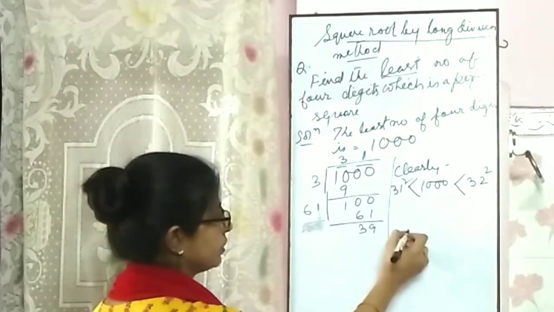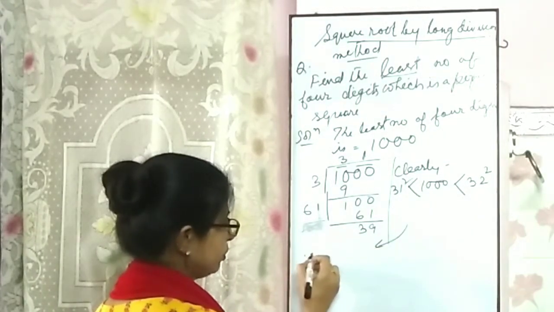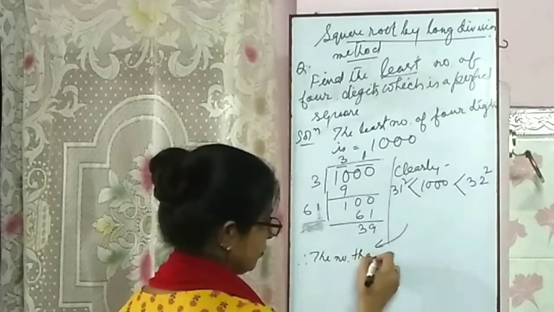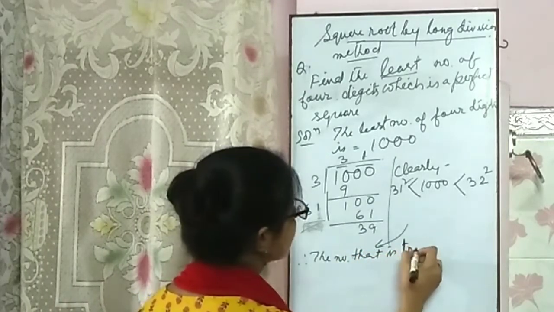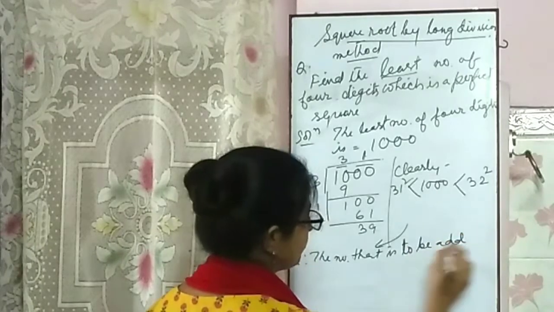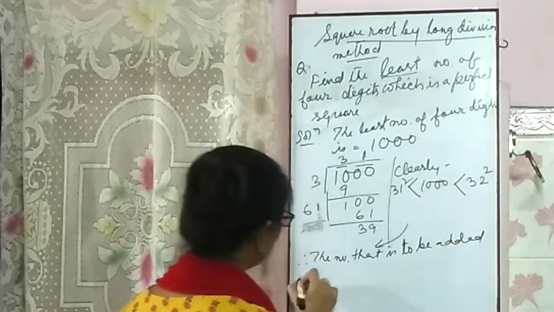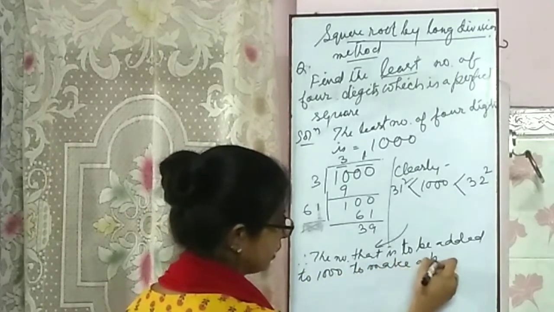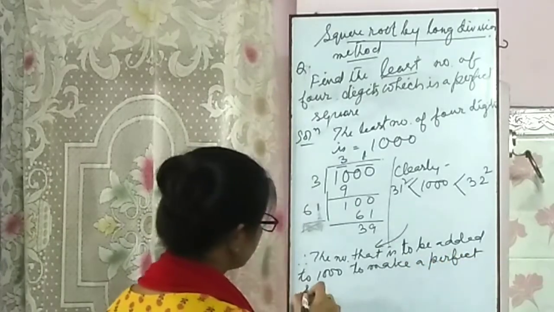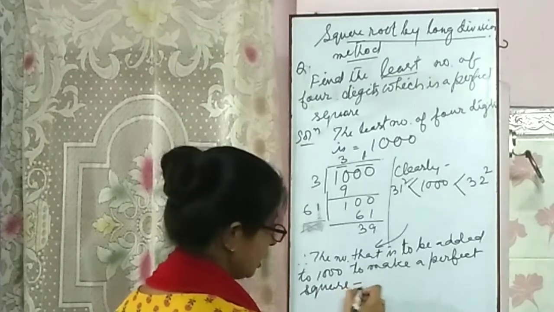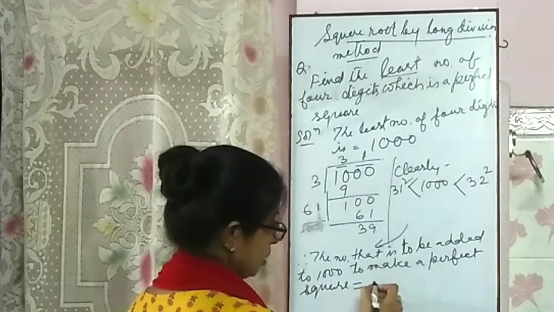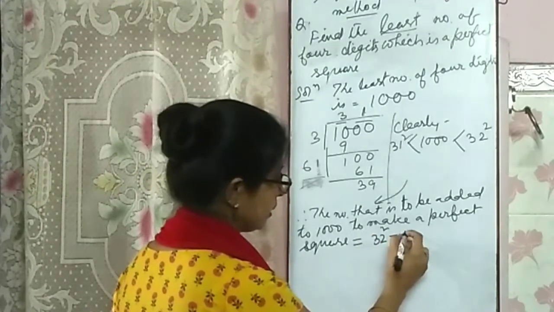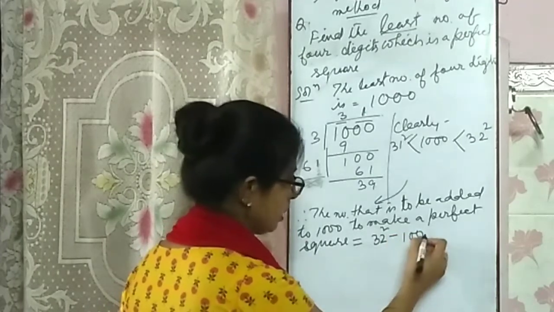Therefore, you write, the number that is to be added to 1000 to make a perfect square is how much? 32 square minus 1000.